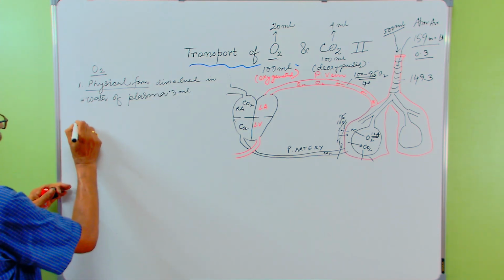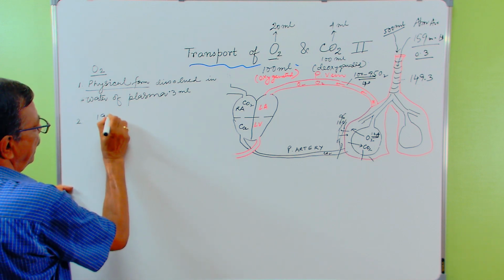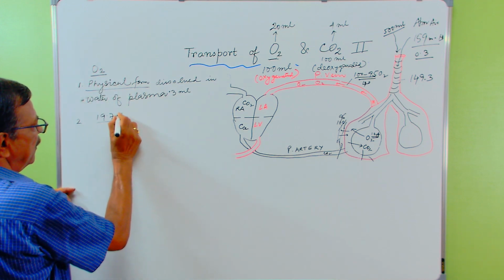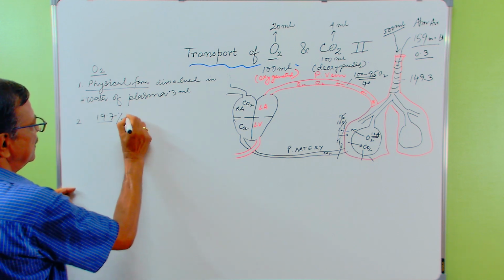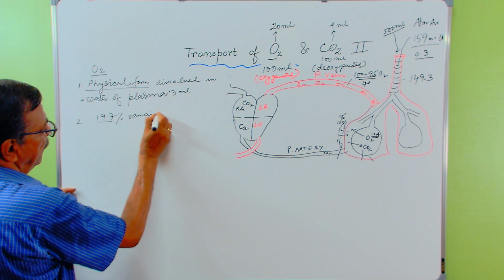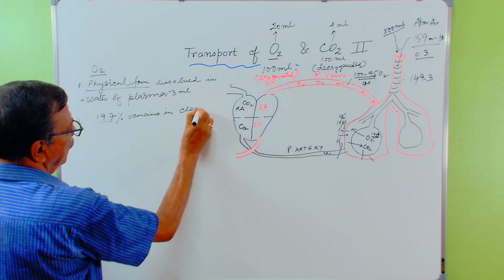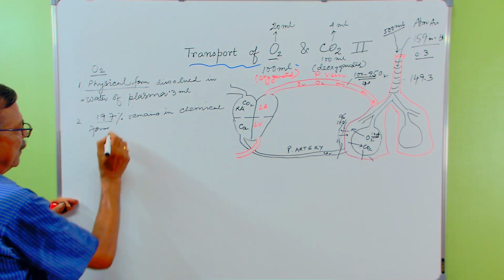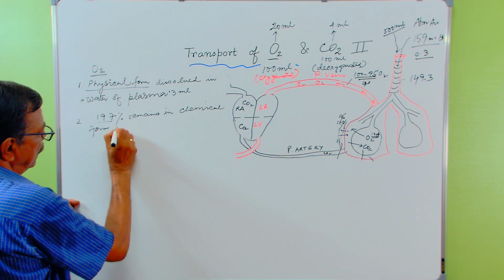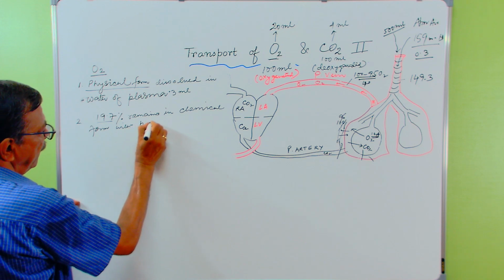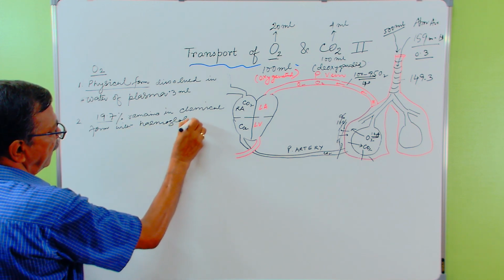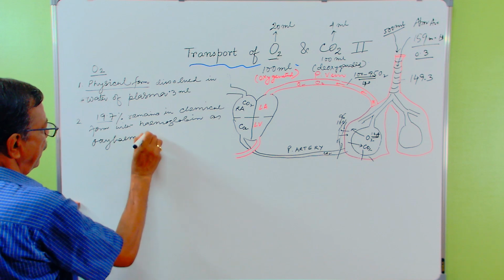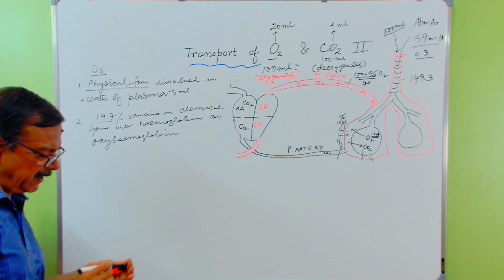And the rest, 19.7, or 99.7% or whatever you want to write, remains in chemical form with hemoglobin as oxyhemoglobin.